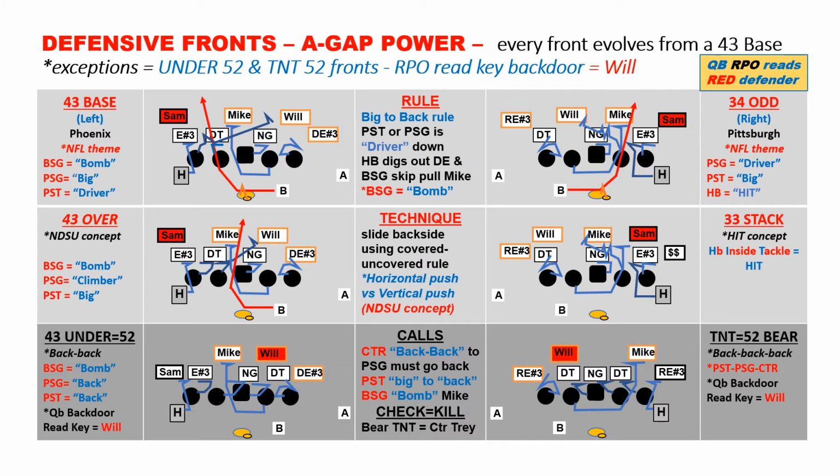Again, we essentially get a 52 look, so then we need to make the read key go to the will backer. If we go on the right hand side, then we've got our odd looks, our odd defenses. And again now in the bottom, the TNT 52 bear, we've got again all 5 linemen are covered up, no chance for double teams. So then we're going to go ahead and do a backdoor read on the will backer.